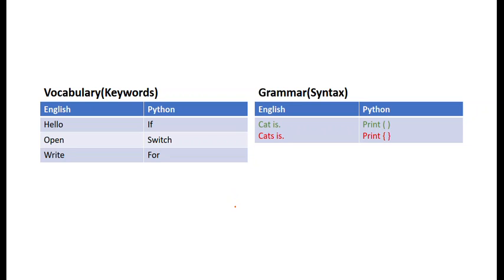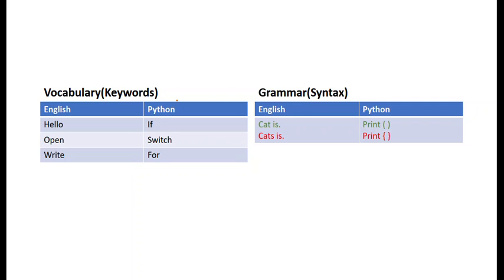Okay, now let's continue using the English language analogy here. As you may know, in English, there are certain words or combination of words that we use in order to express a certain idea, right? So, for example, in English, we use the word hello to mean something, open to mean something else, right, go, come, and so on and so forth.